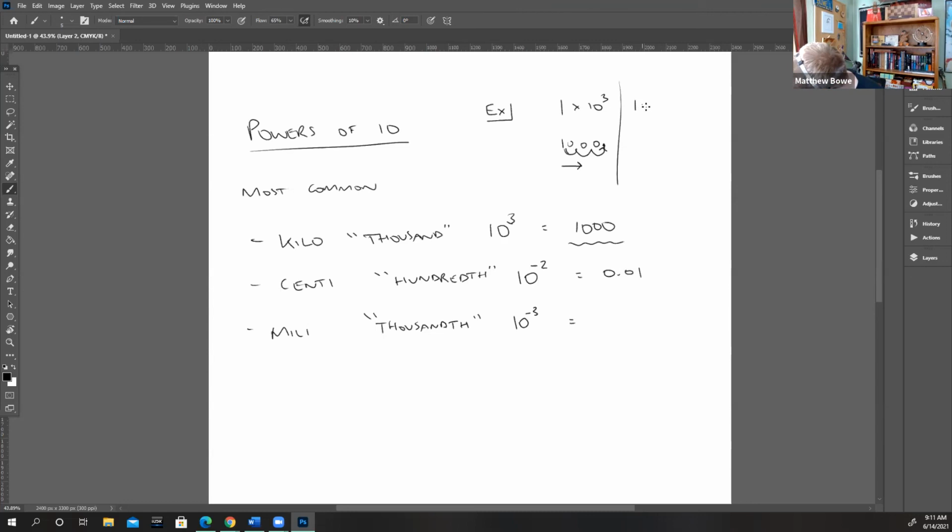If I have 1 times 10 to the minus 2 for centi, I'm taking that 1 and I'm moving it left. So positive means to the right, negative means moving the decimal point to the left. The decimal point is right here. I'm moving it left 2. So 1, 2.